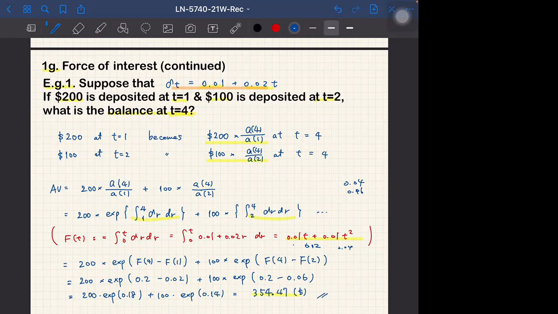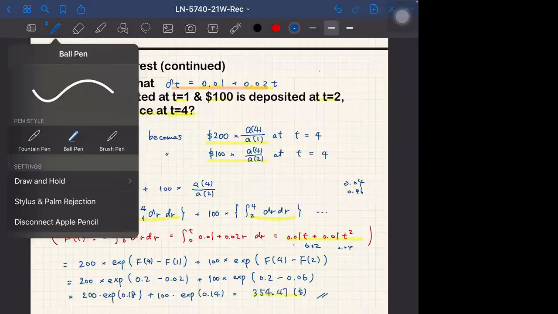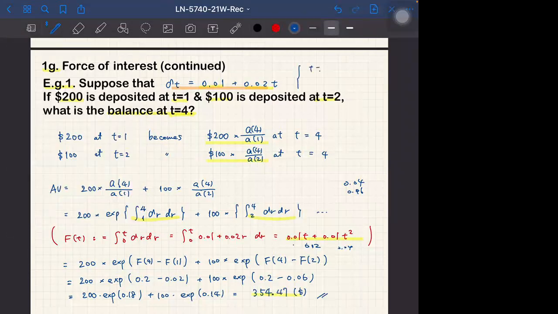The interest rate is 1% in the beginning and increases by 2%. At t is equal to 1, this is 3%, and at t is equal to 4, 9%.